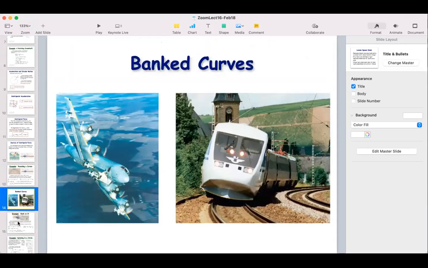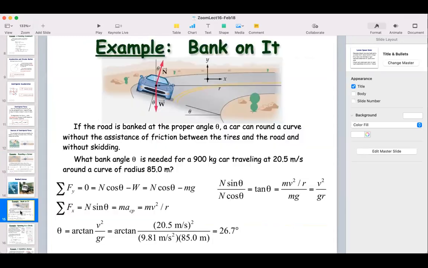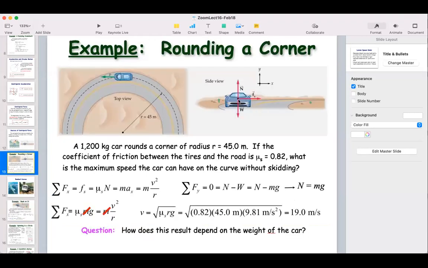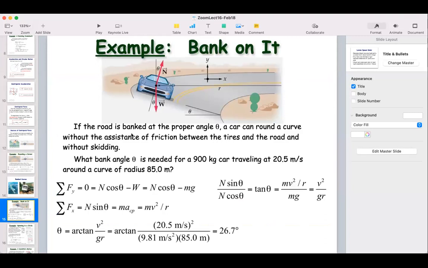Okay, so here let's see banked curves. Let's make it a bit more complicated, and let's assume that the car of before, instead of being on a flat road like this one, is on a banked road. If the road is banked at the proper angle theta, a car can round the curve without the assistance of friction between the tires and the road and without skidding.